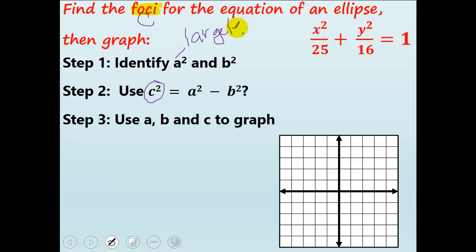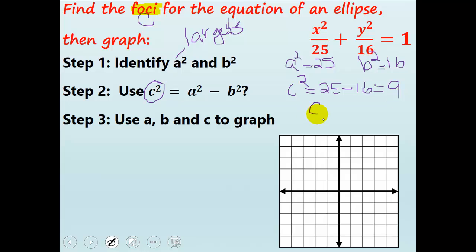So this means that a squared has to equal 25 and b squared has to equal 16. Now I'm going to use those two numbers to find c squared, which is going to give me c. So c squared is going to be 25 minus 16, so that's 9. So c is going to give me plus or minus 3.